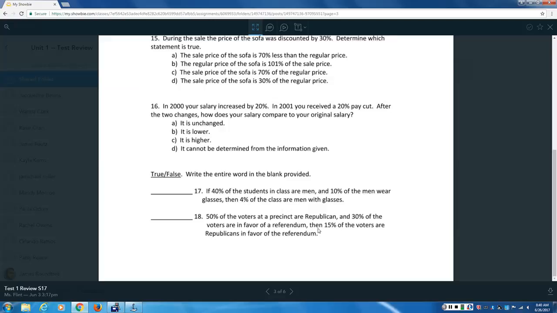Okay, yes, because of the way it's worded, it says 15% of the voters are Republicans in favor of the referendum. How do you know that all of those voters are Republicans in favor? Right, the 50% and 30% are two different value sets. That's right.